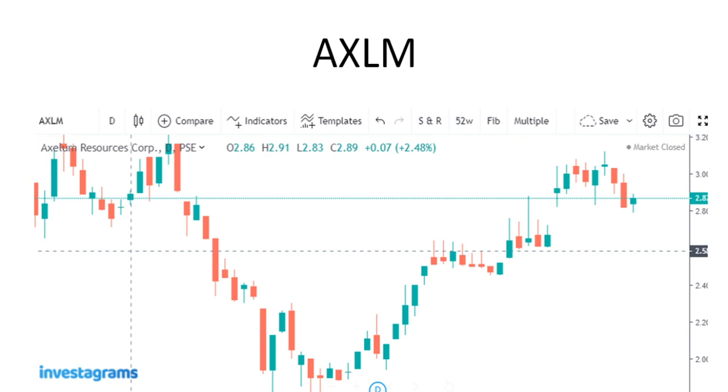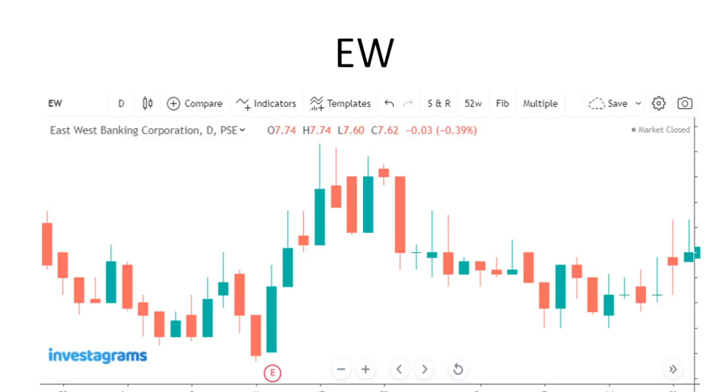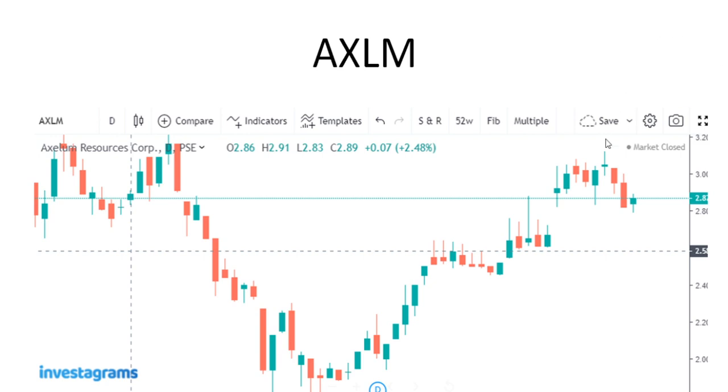Do you see any evening star pattern there? Okay, so if you saw this, that is a good example of an evening star candlestick pattern.